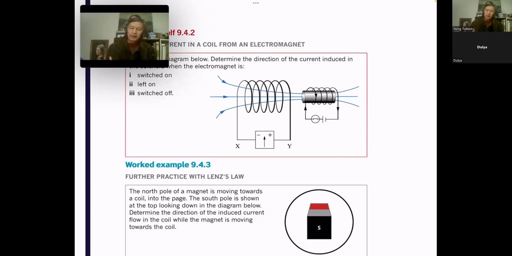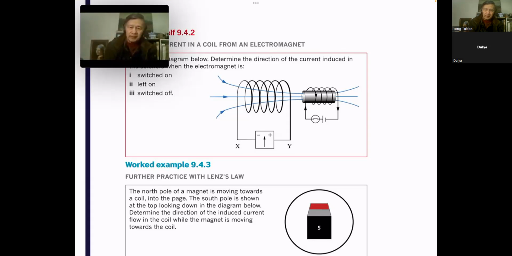You have always used the right hand to work out the relation between the current direction and the direction of the induced magnetic field. Yes, that's right. If you use the right hand to hold this coil, the thumb will give the direction of the magnetic field, and the forefinger will be the direction of current. You are right.